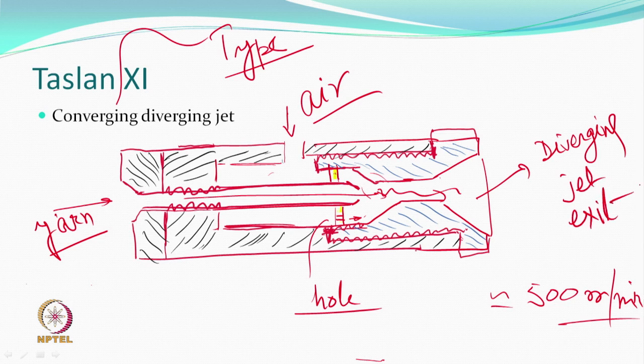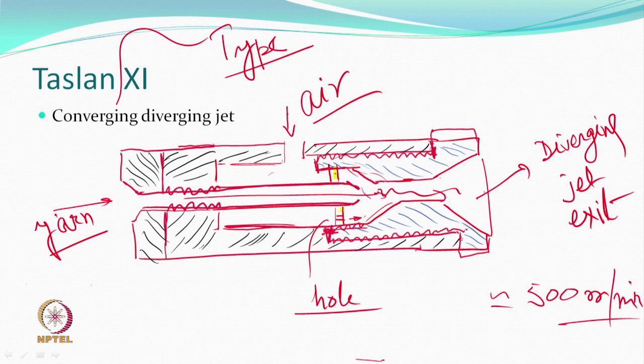So, the diverging jet exit they found was a good idea. So, they brought it back again. However, it was still converging. So, the air enters a chamber and then gets converged and then goes out.